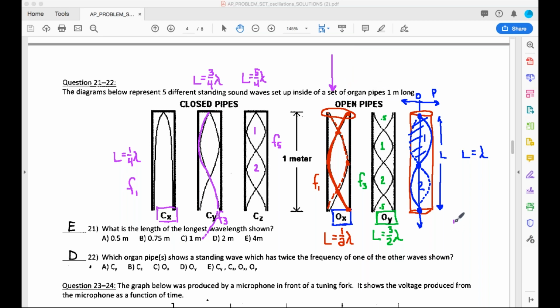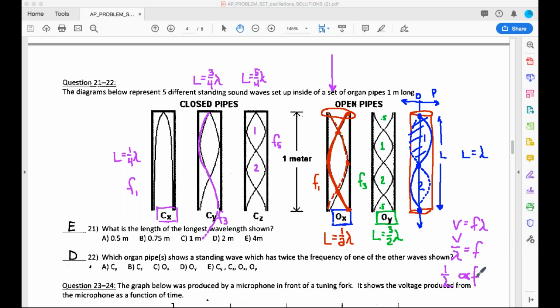Here's another way that I can do it. I can say V is equal to F lambda, and therefore solving this for F, I get V over lambda is equal to frequency. V is a constant, so it's not changing. It's the speed of sound, and in all of these instances, the speed of sound is 343 meters per second. So now I can say frequency is proportional to 1 over lambda.